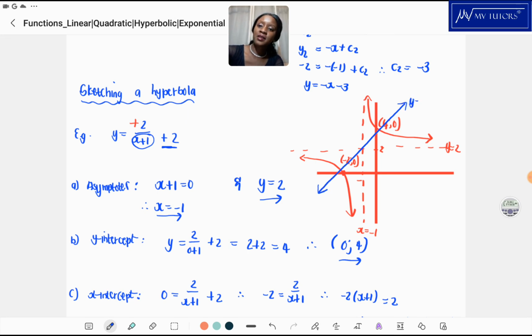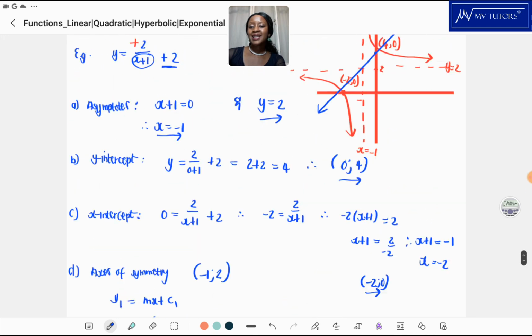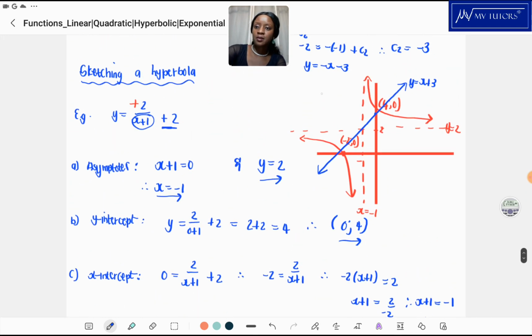It kind of passes there at 3. And the other one is y is equal to negative x plus 1. So it's going to be like that. It does pass 1 over there.